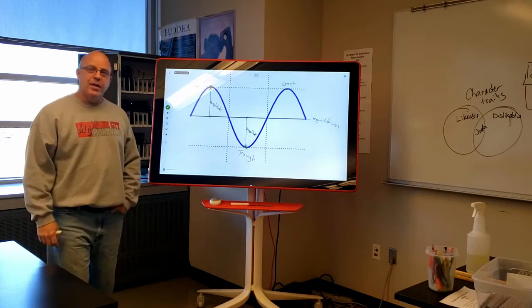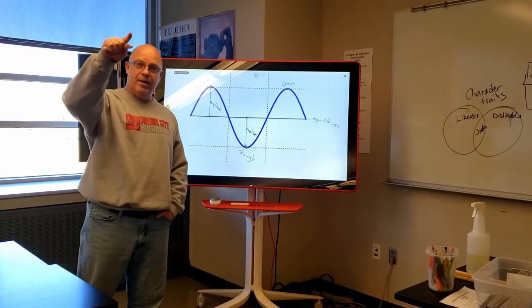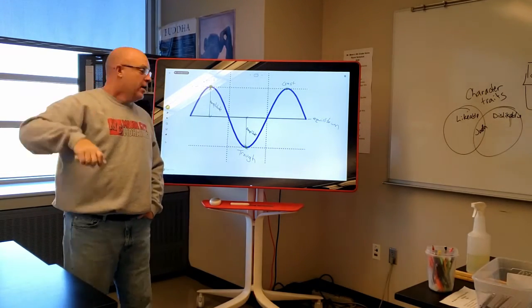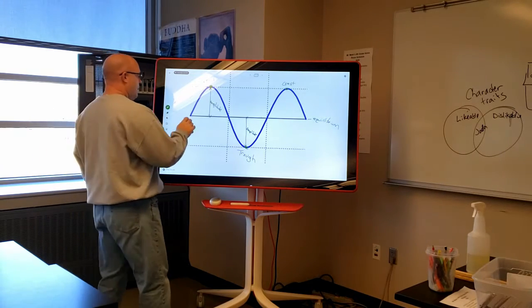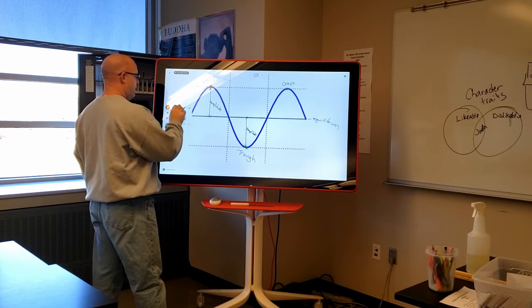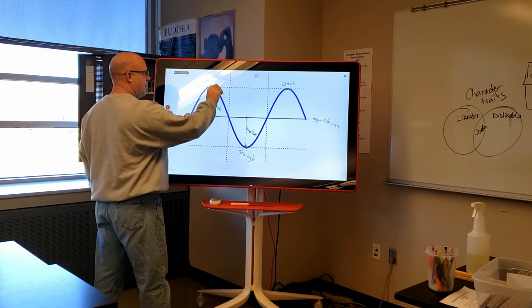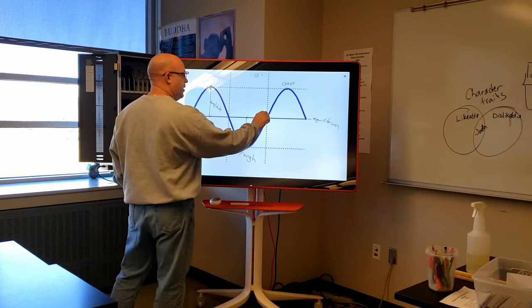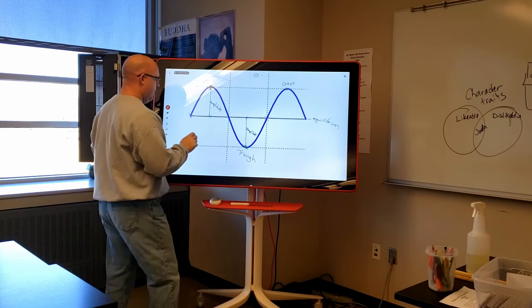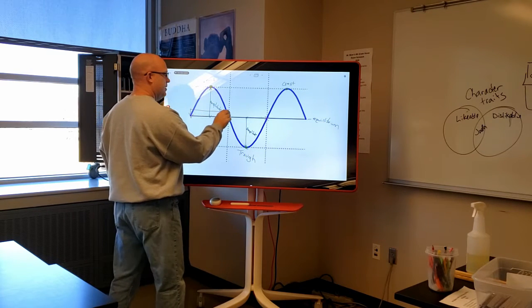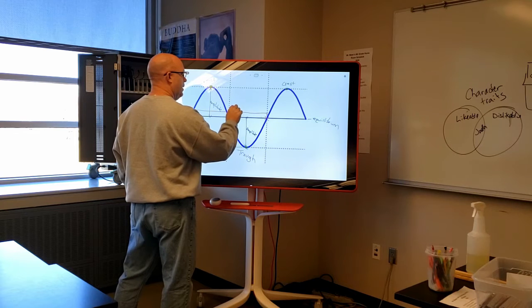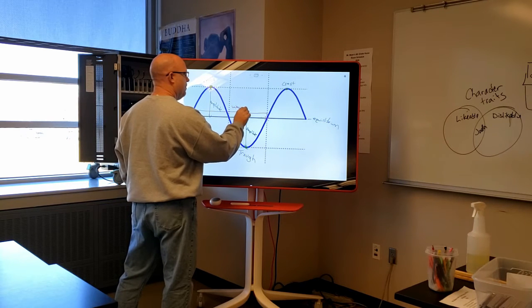Next term is wavelength. A wavelength, simply put, is one up, one down. So if I'm measuring this, my wavelength is going to be from here, one up, one down, return to start, to here. This distance is a wavelength.